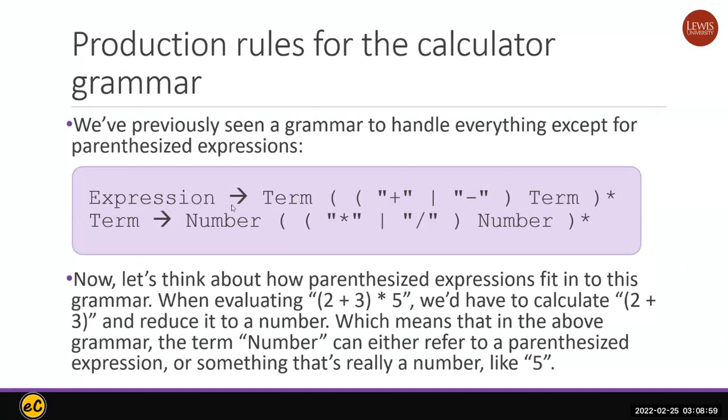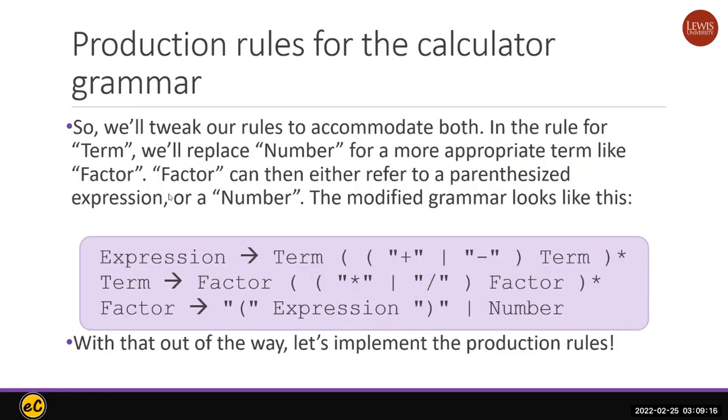So here we have expression produces term, plus or minus term. So each term will be number times or divided by number. These are the symbols we want to have. That's a production rule.